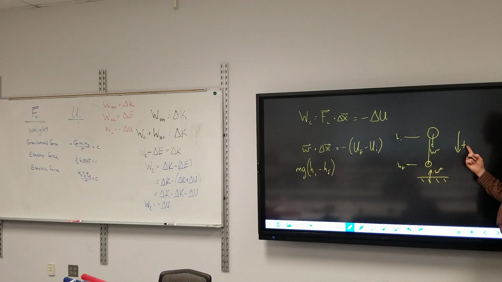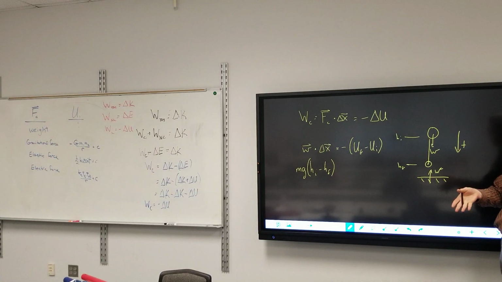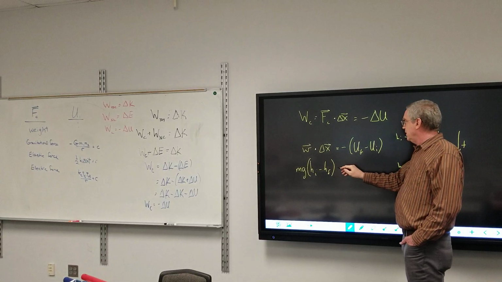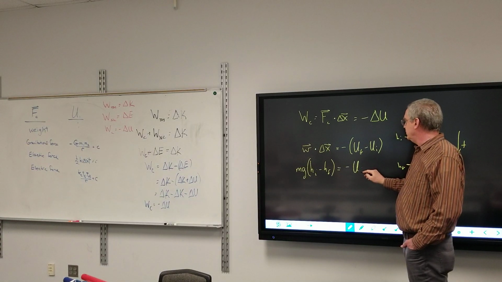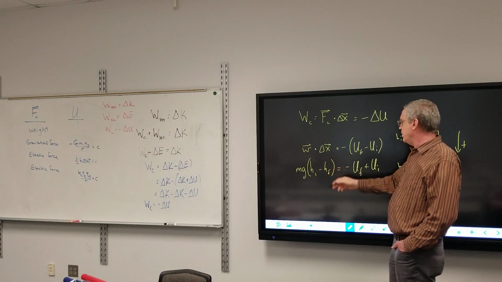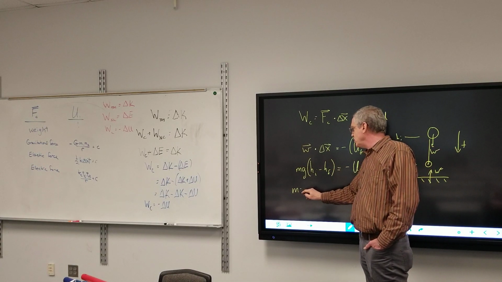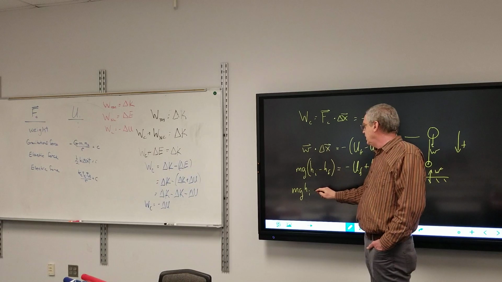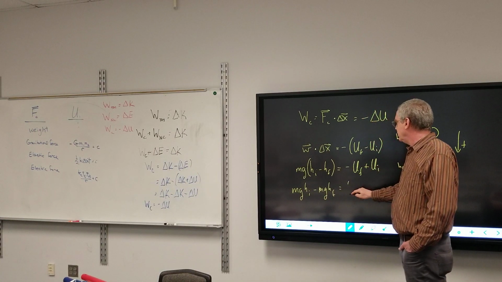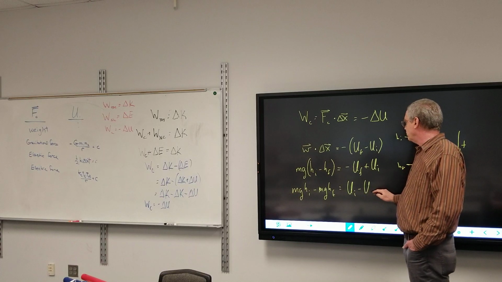If we had chosen up to be positive, the work is still positive, because the force is in the same direction as the movement, and so the dot product would be positive. That's equal to negative U final plus U initial. Distributing over here, I have mgh initial minus mgh final is equal to U initial minus U final.